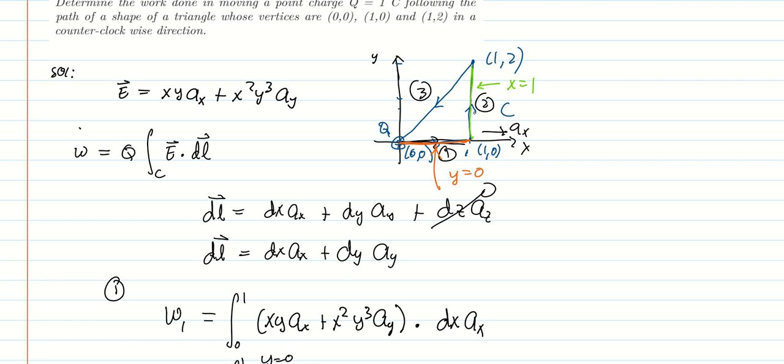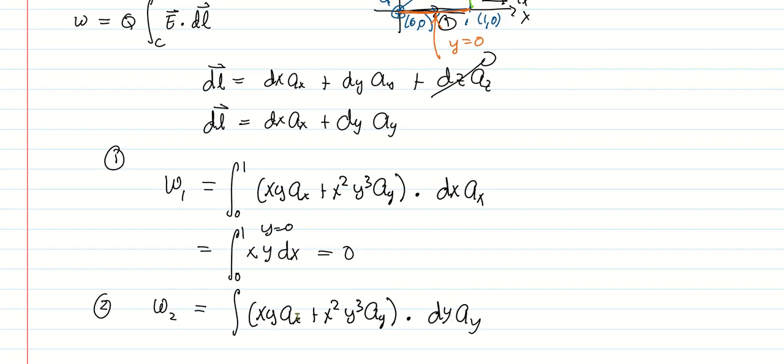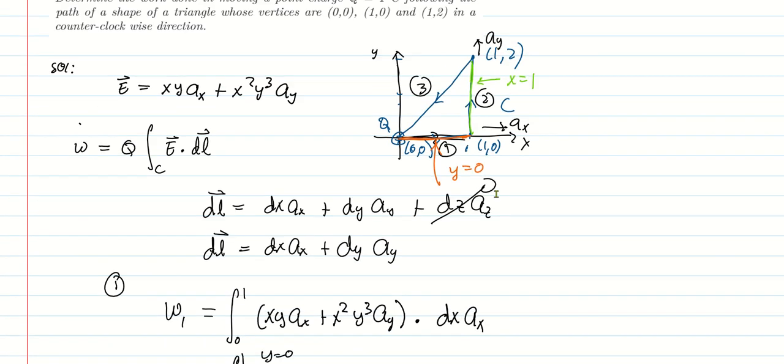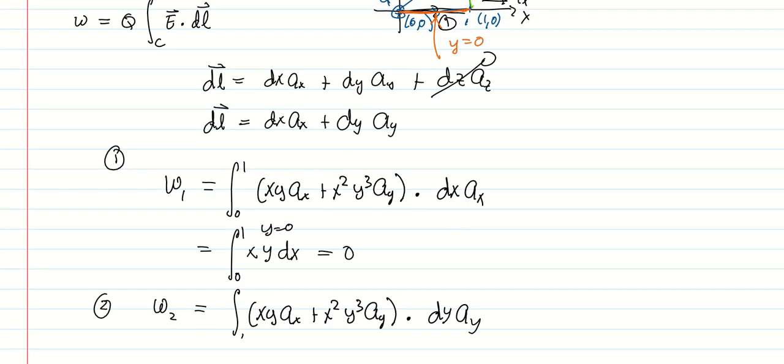We're going to the direction of y, positive direction of y, ay. So we don't have any component in the x-axis or the z-axis. So we can just say that this is dy ay. Then the limit will be also, because this is dy, so with respect to y, our limit should be from 0 up to 2. So this should be from 0 to 2.